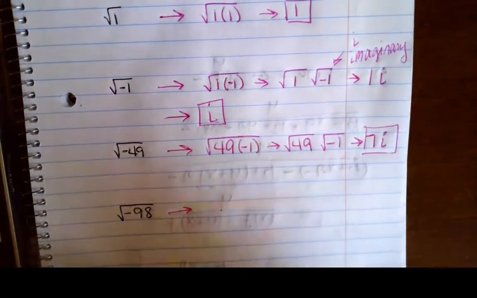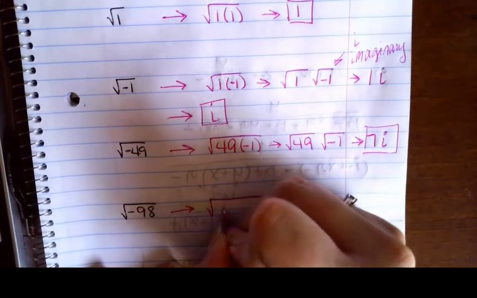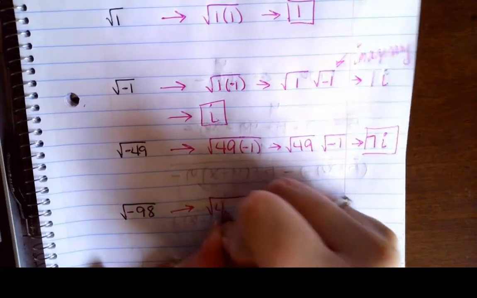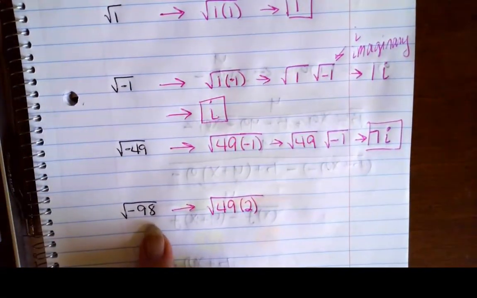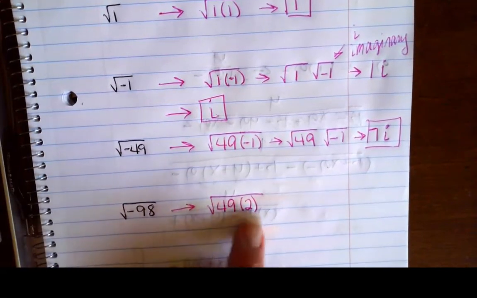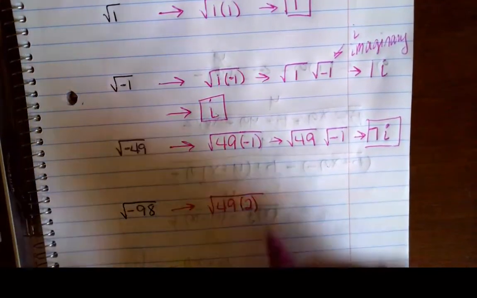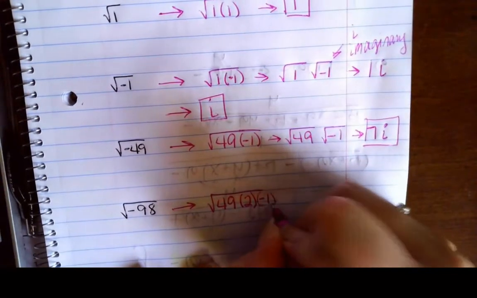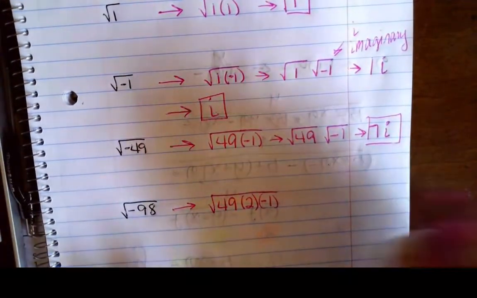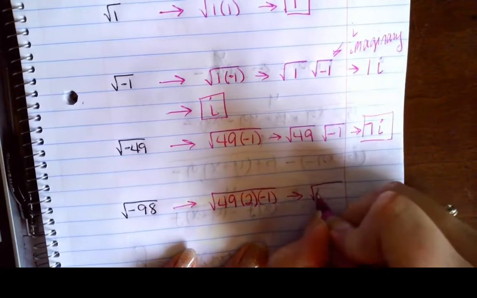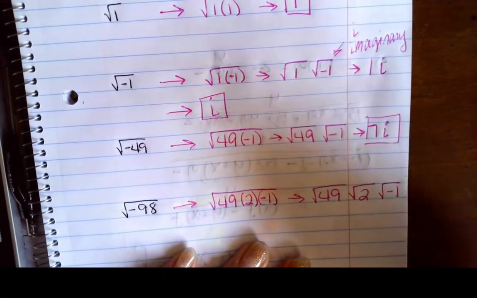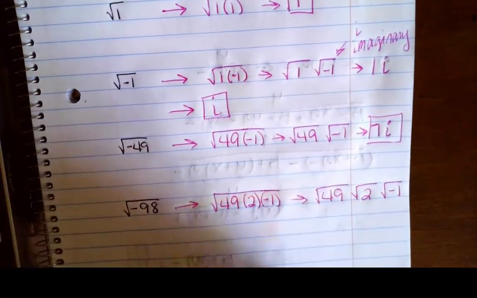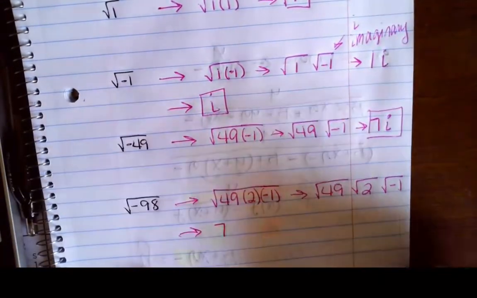But do I know what the square root of -98 is? So I'm going to rewrite this based on what I've learned as 49 times 2. 98 is not a perfect square. I know it's even, so I divided by 2 and happily found a perfect square. And then I've got times -1. So each factor can get its own radical. So now I have the square root of 49 is 7.